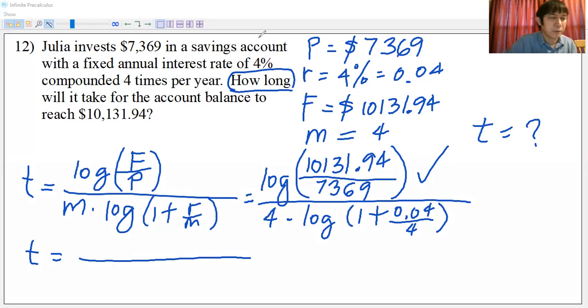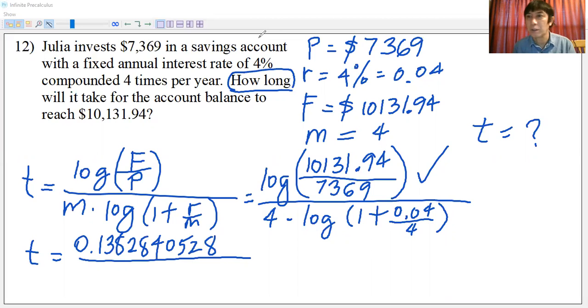That's equivalent to 0.1382840528. You can just recalculate later. So that's our numerator. All right, let's have the denominator, 4 times the logarithm of 1 plus 0.04 over 4.